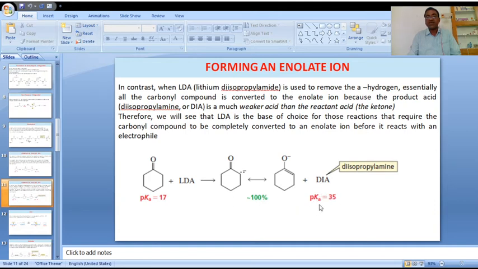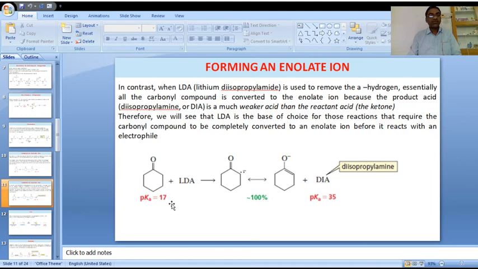If the pKa value is higher, that indicates the acidic strength is weaker. The pKa value is 35, which indicates it is a weaker acid than the reactant, that is the ketone. Is it clear? Okay, this is the clear information about pKa value.